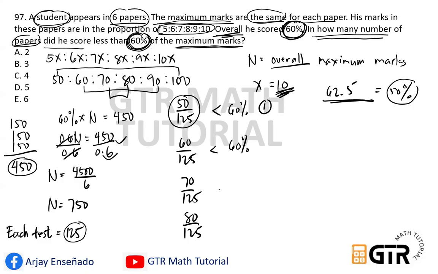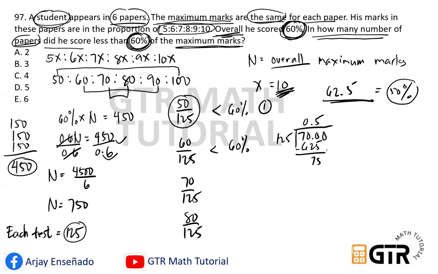So we will only solve for 70 and 80. Just divide these manually to find out if they are less than 60%. Divide 70 by 125. We add two zeros. 70 divided by 125, we have 0. 700 divided by 125 will be 5. 5 times 125, we have 625.